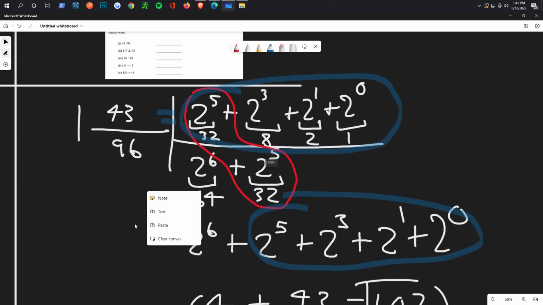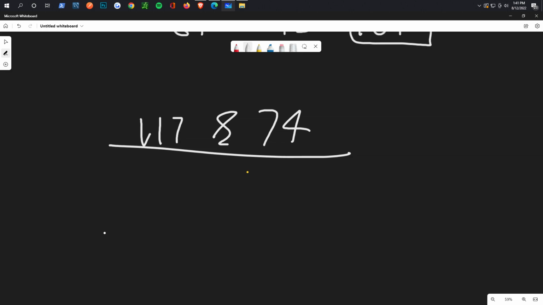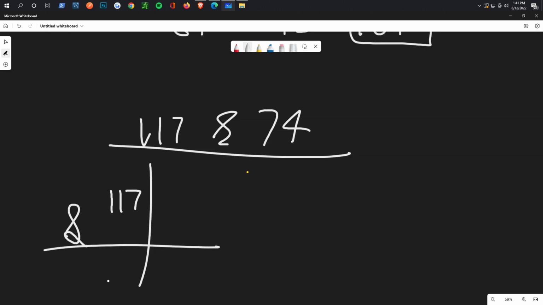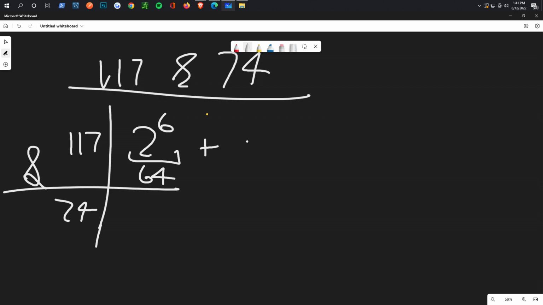Now for the next one, 117 and 74. So the biggest power is going to be 64, plus the next biggest is going to be 32.